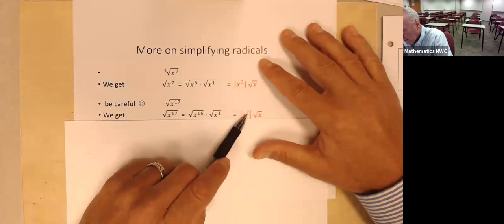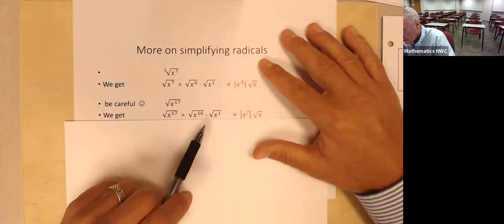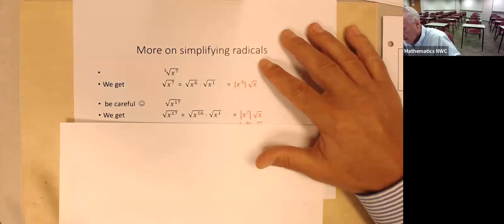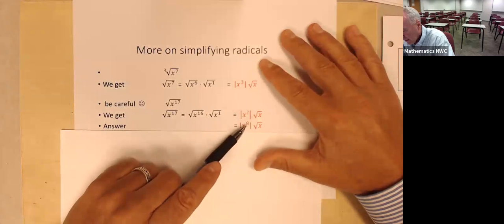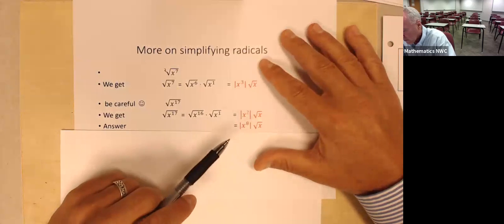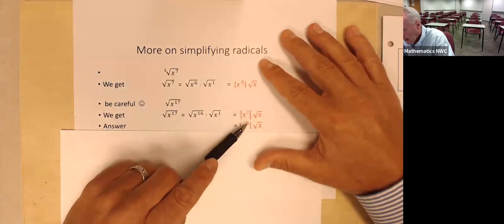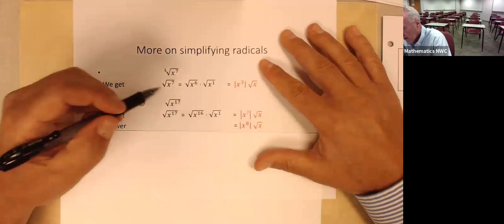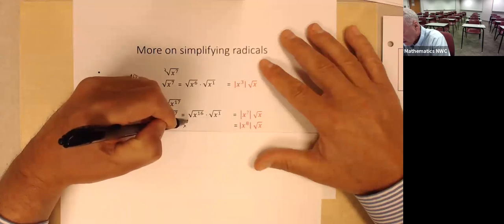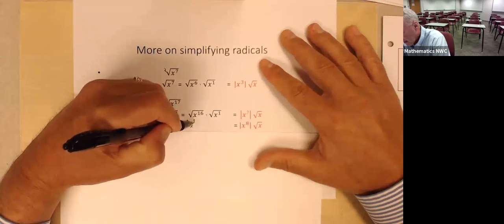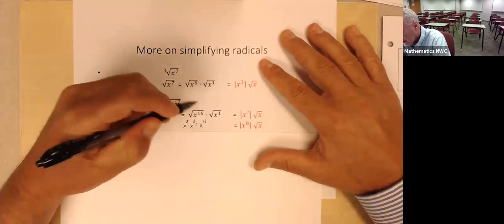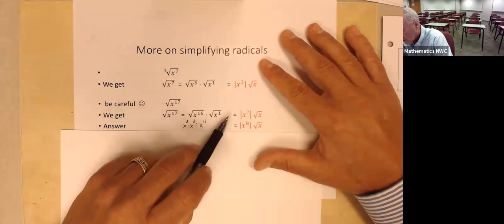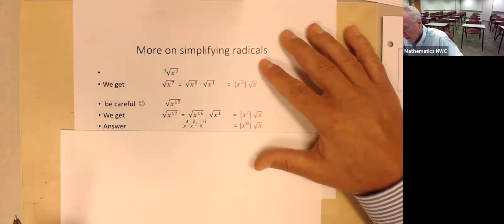What power in here, when added to itself, gives you 16? The answer is that power needs to be an 8. Again, a lot of people might have put 4 there, so be careful for that. Remember, we're adding them. Remember, x to the 8th times x to the 8th. We add 8 and 8 to get x to the 16th. That's why the square root was x to the 8th.